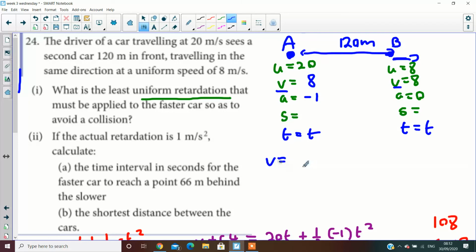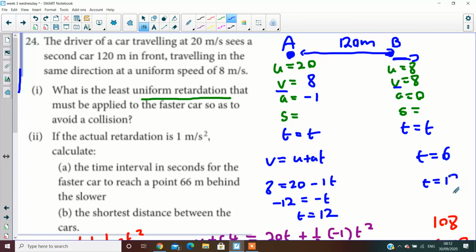v equals u plus at. 8 equals 20 minus 1t. Minus 12 equals minus t. t equals 12. That makes sense, doesn't it? Because our last answers were t equals 6 and t equals 18.